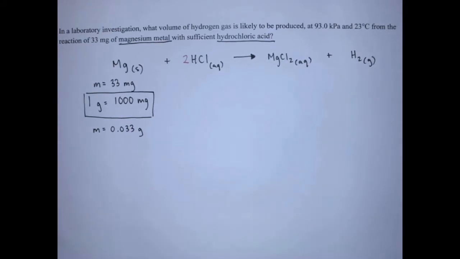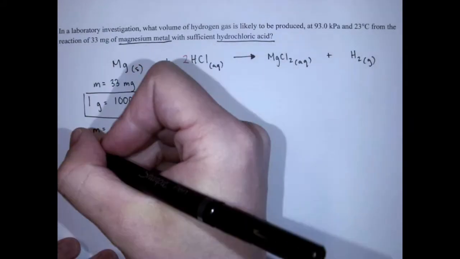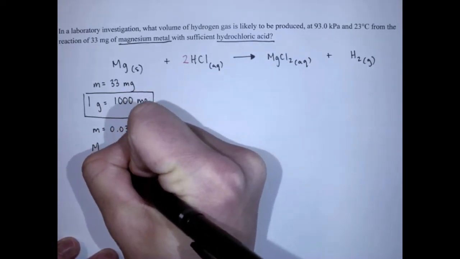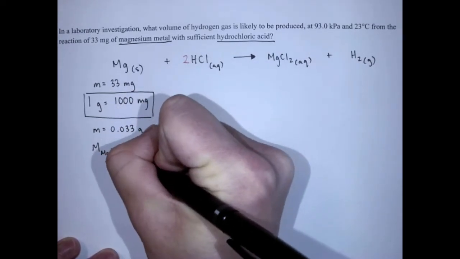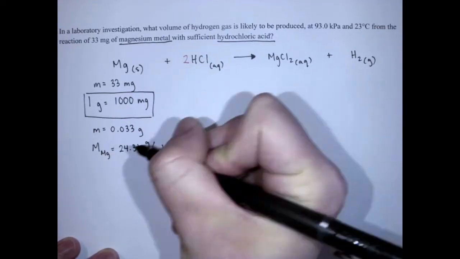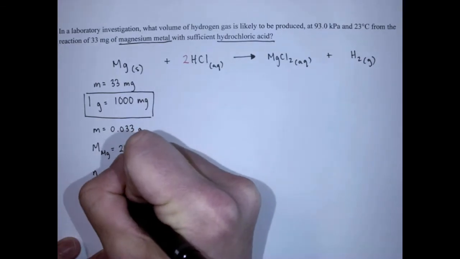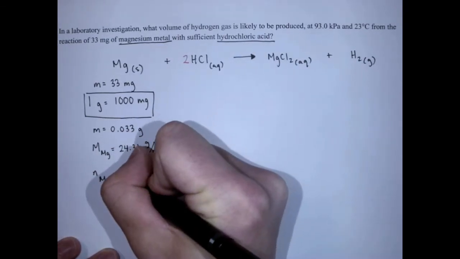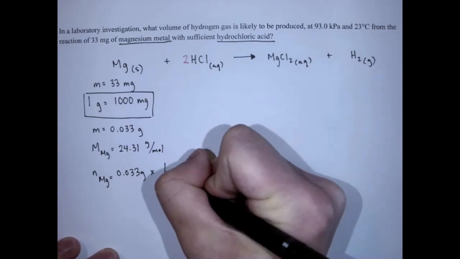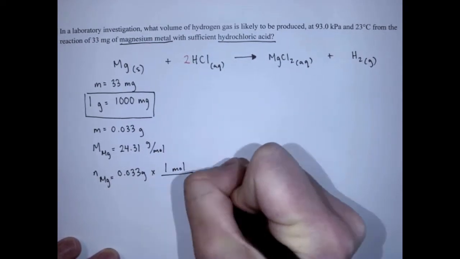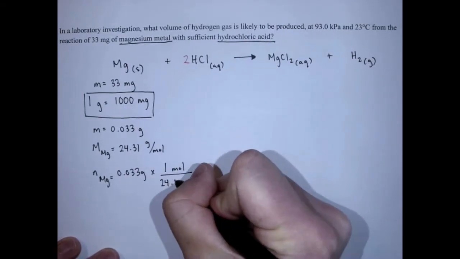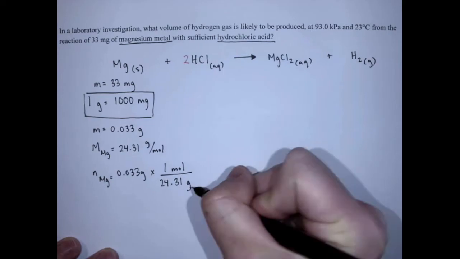Okay, next thing I'm going to do is convert this to moles of magnesium. So the molar mass of magnesium metal is just 24.31 grams per mole. My number of moles of magnesium will be 0.033 grams times the conversion factor. And in my conversion factor, which is my molar mass, I need to put the mass on the bottom.